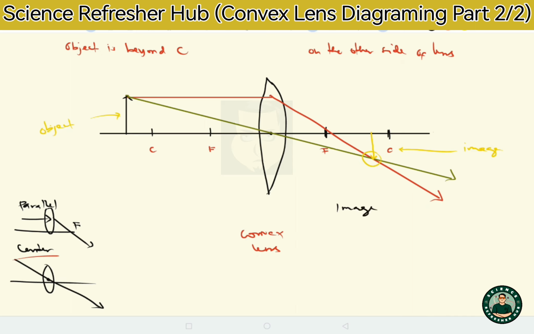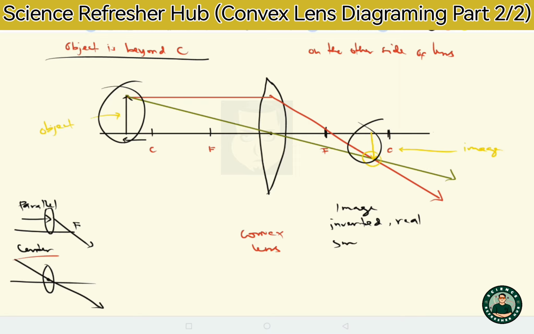All right, the image formed when our object is beyond C, away from C, is inverted, so it's a real image. And what else? If you compare the size of our object and our image, it's smaller than the object size.